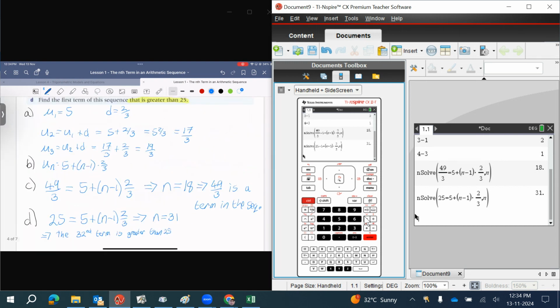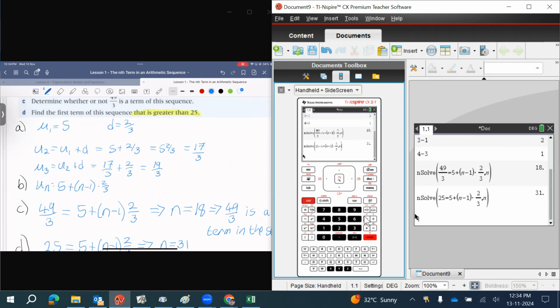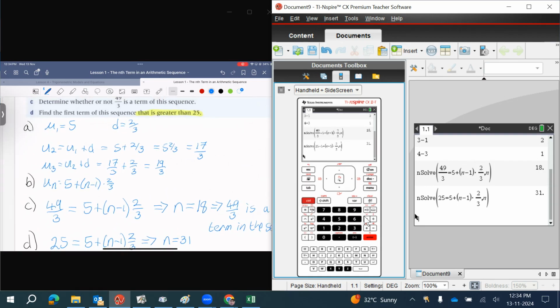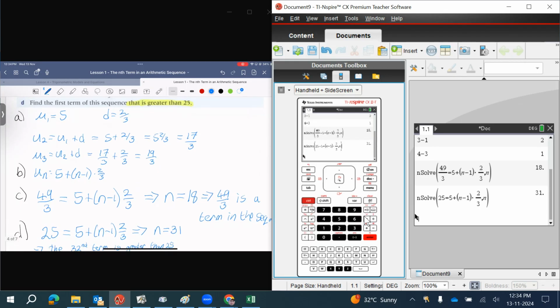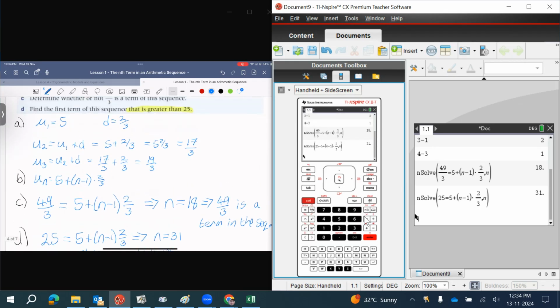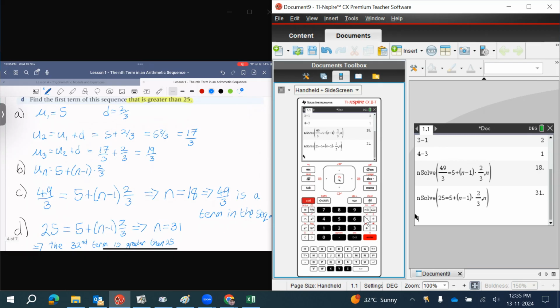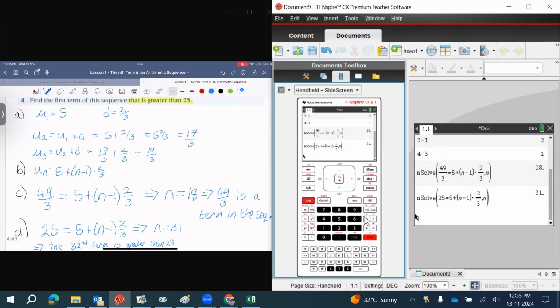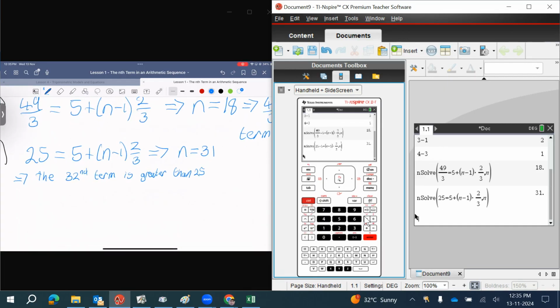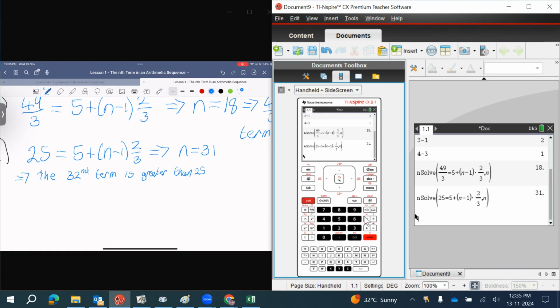Because if we read the question, it says find the first term in the sequence that is greater. It doesn't want to know its position in the sequence. It wants to know the value. Read the question carefully before exiting. There's a real subtle wording on this one. It says, find the first term in the sequence that is greater than 25. So the 32nd term in the sequence, so we need to insert 32 here.